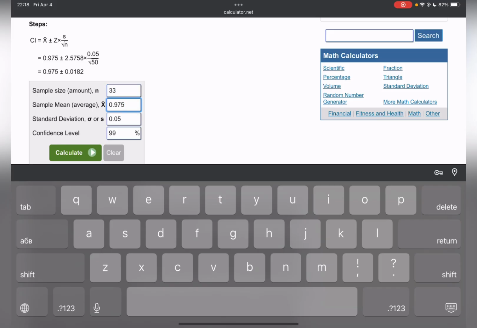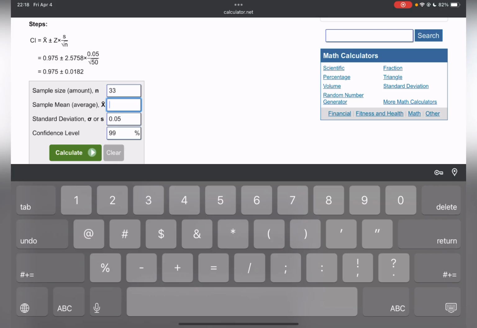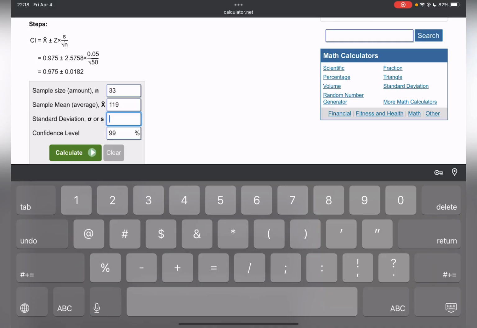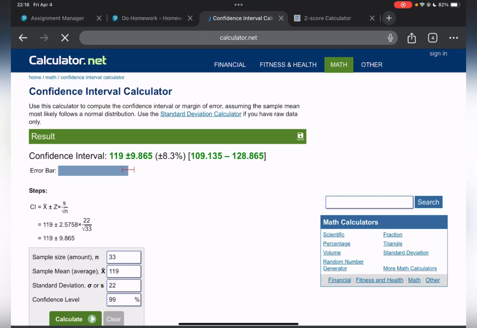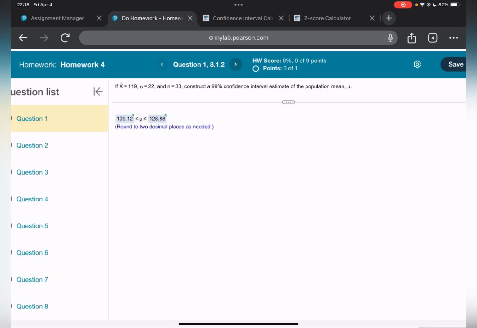We have sample mean, I had 119, and standard deviation 22. And we need a 99% confidence interval, so I placed it here, calculate, and we are getting 109.135 and 128.865. So let's go back.